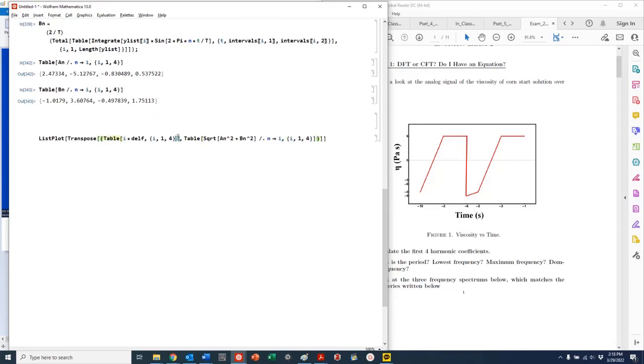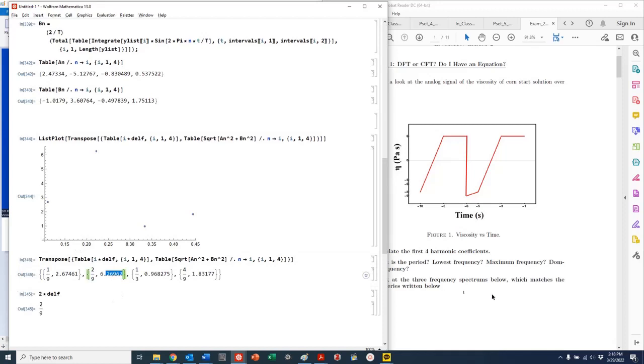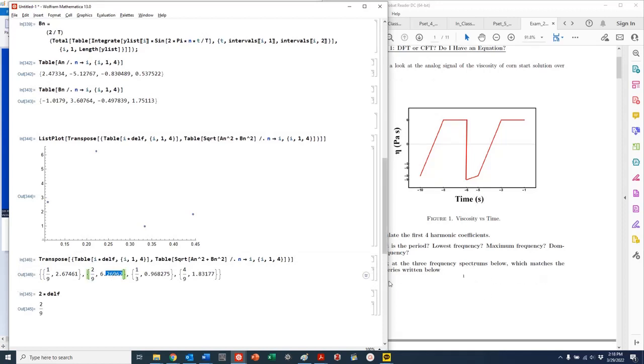So we could do this, and I could see that my second harmonic is my dominant frequency. So my dominant frequency is 2 times del f, and we can see that in this table here. We can just pull out this value and see the maximum. So there we go. Excellent.